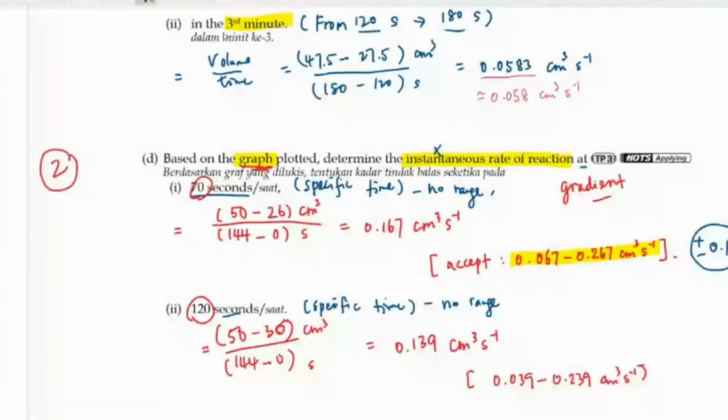But here you have to make sure the gradient for this one, the rate of reaction at 70 seconds, must be higher than this one. Although we say the range is here, this one must be higher and this one must be lower. Then you check yours. Is it correct? Is it in the range?